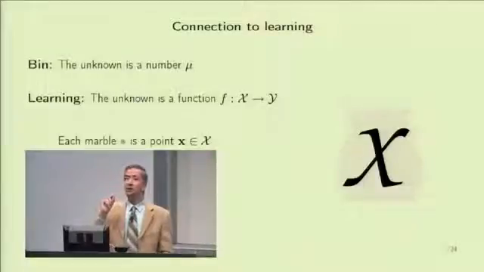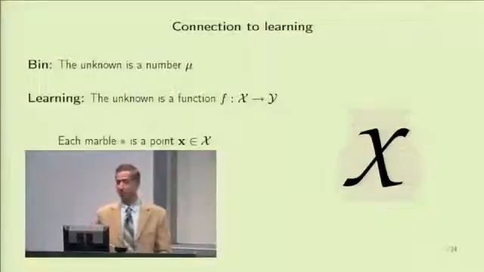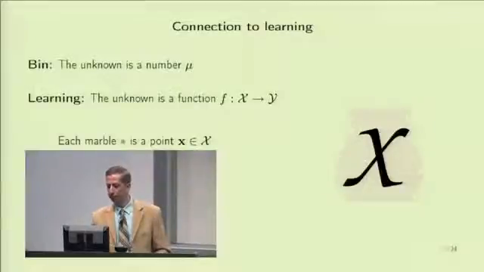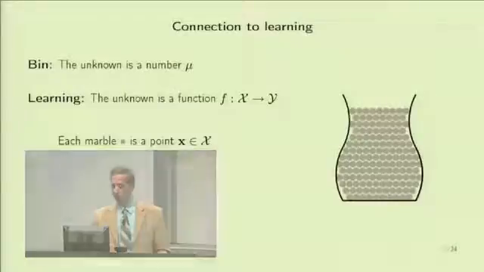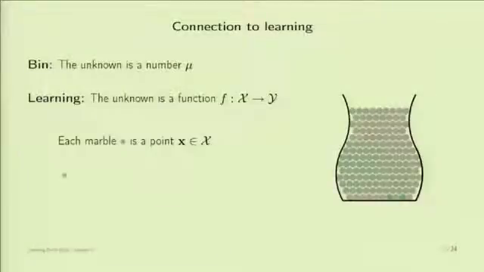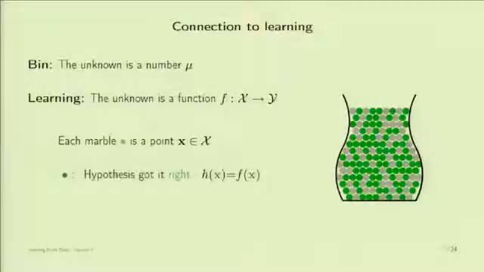Now we would like to give colors to the marbles. So here are the colors. There are green marbles, and they correspond to something in the learning problem. What do they correspond to? They correspond to your hypothesis getting it right.